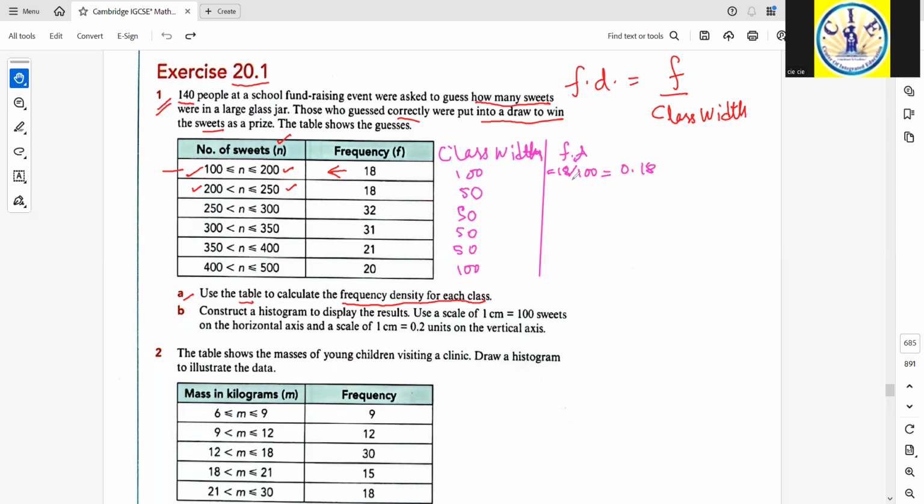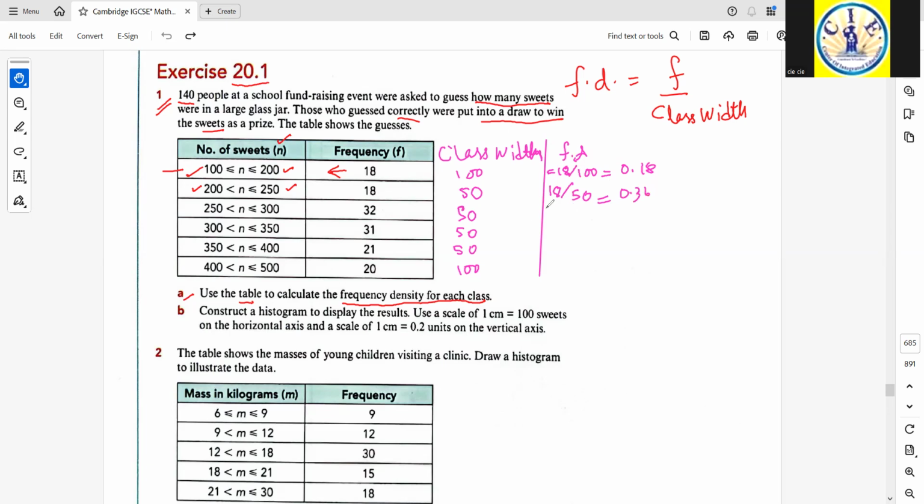Now this frequency is 18 again, and the class width is 50. So dividing them up, what do we get? 18 divided by 50, 0.36.